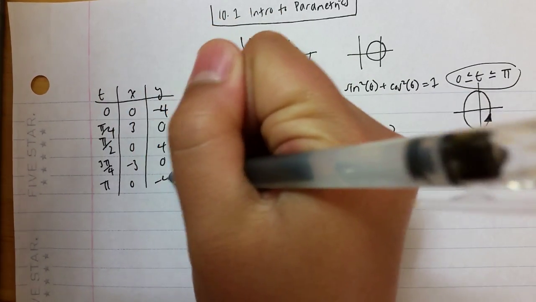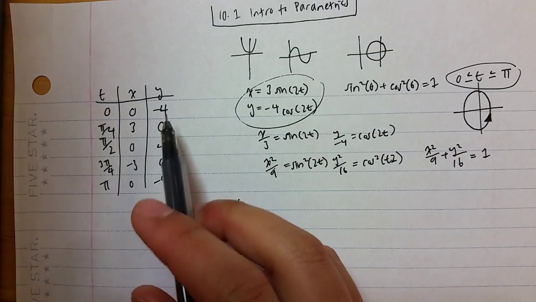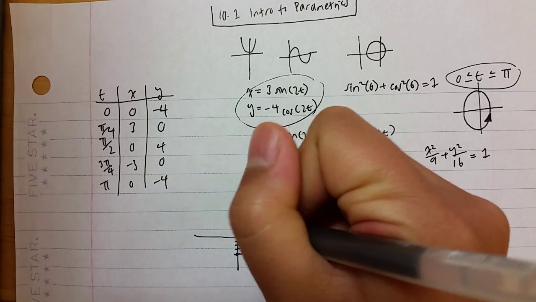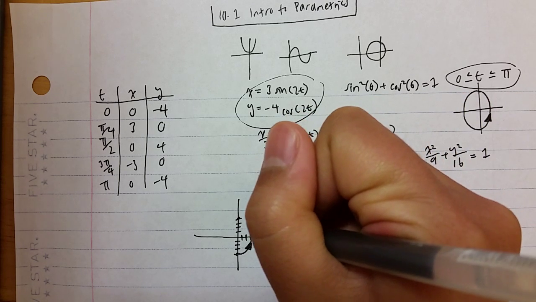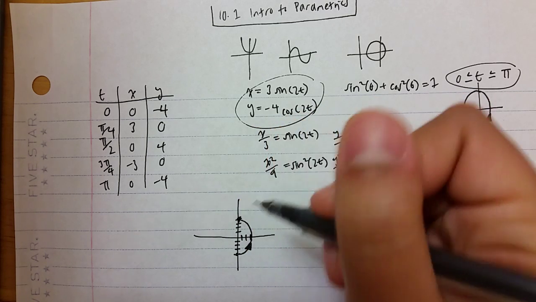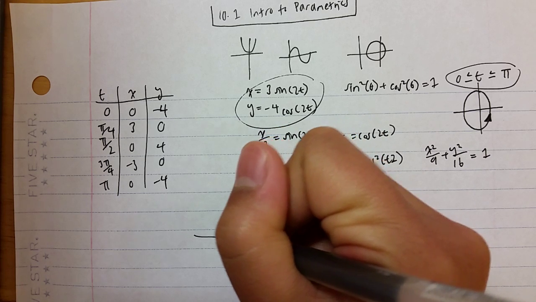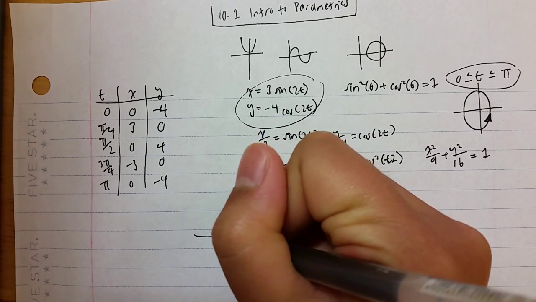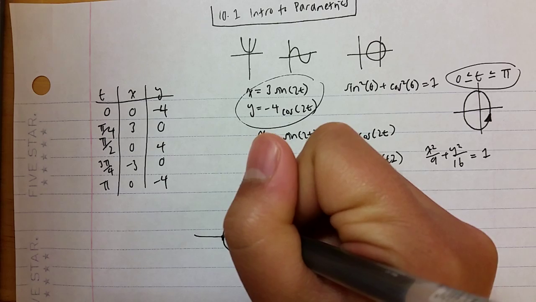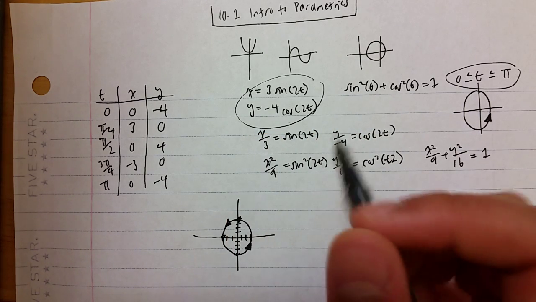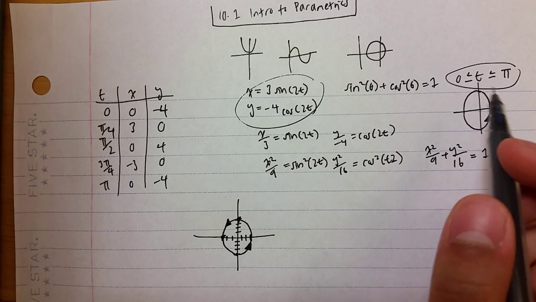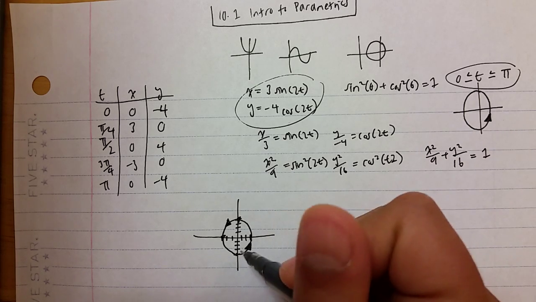At pi, we get back to (0, -4). And then just draw some arrows indicating that this ellipse is traced counterclockwise. And we see that in the range from 0 to pi, we trace this ellipse exactly once.